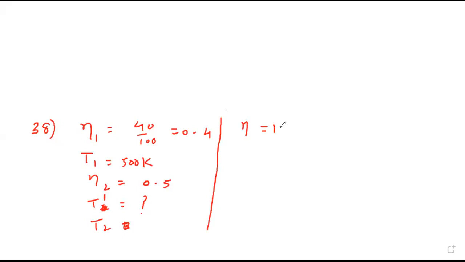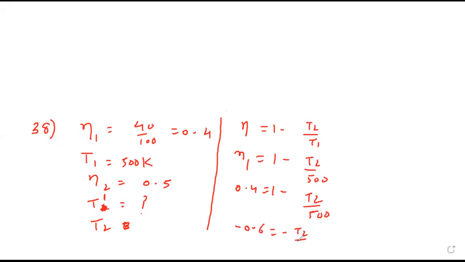So eta is 1 minus T2 upon T1. Eta 1 will be 1 minus T2 upon 500. So 0.4 is 1 minus T2 upon 500. Minus 0.6 is minus T2 upon 500. So T2 equals 0.6 into 5, that is 300 Kelvin. So eta 2 is 1 minus T2 upon T1 dash.